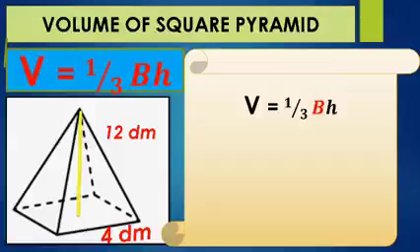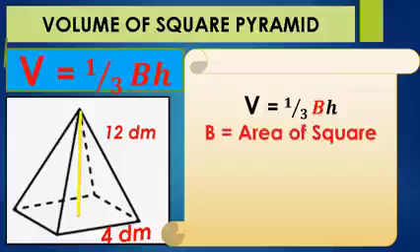And we all know that in square pyramid, the base is of square shape. So we need to find the area of square. That is the value of your base. Recall that the area of square is equal to s squared. So simply multiply twice by itself the value of your side.